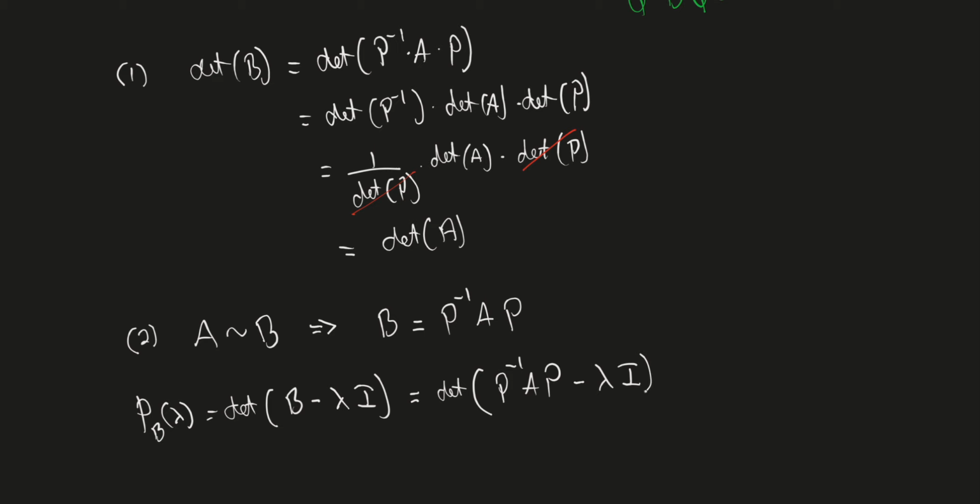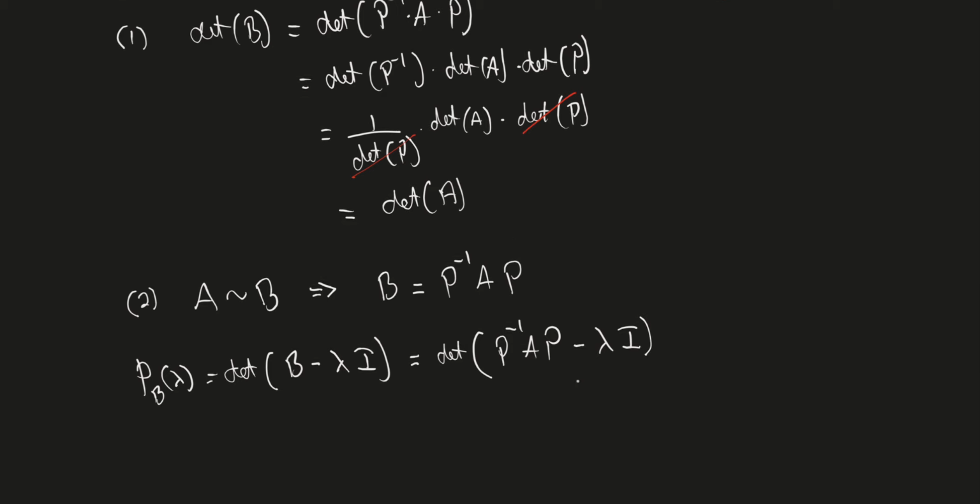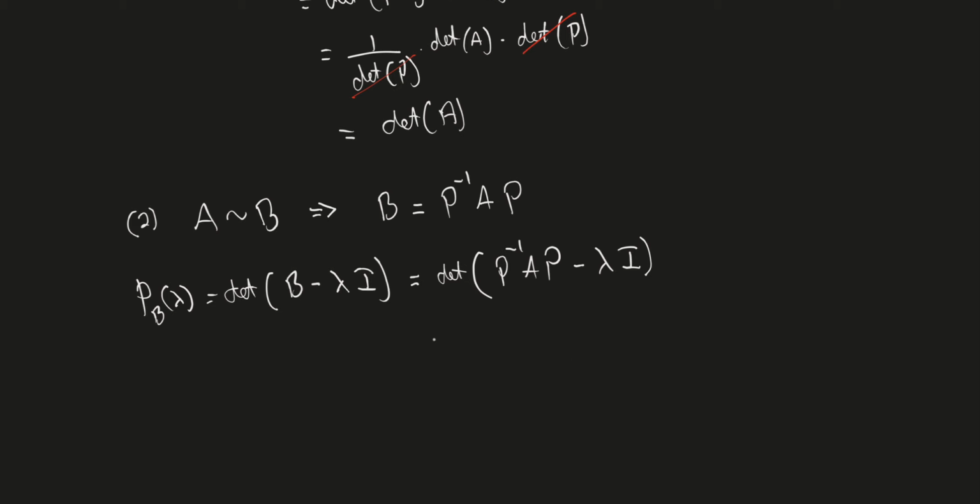Now I'm pretty stuck here, right? But I think about the identity. There are lots of things I can do with the identity. In fact, here's what we can do. Instead of writing I, I can write this as P inverse times I times P. Why am I doing that?